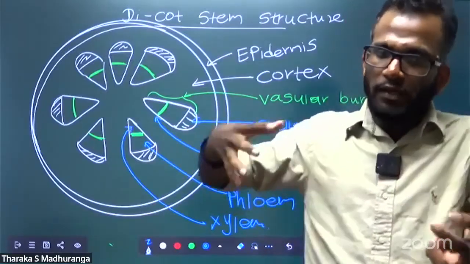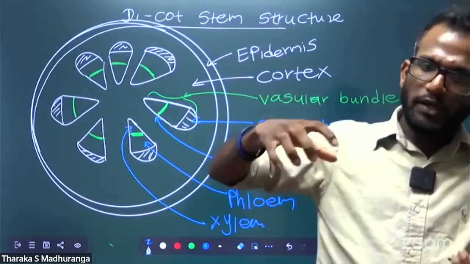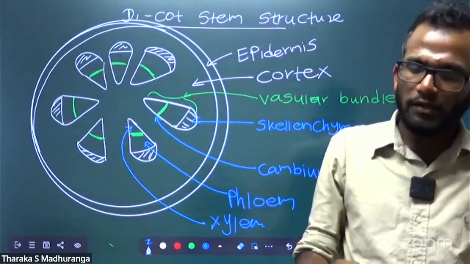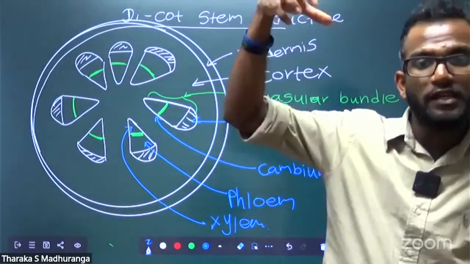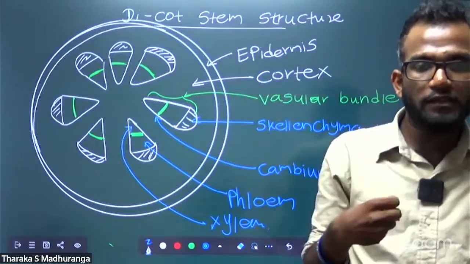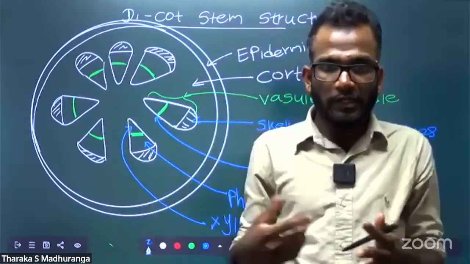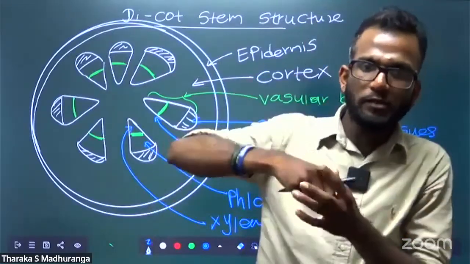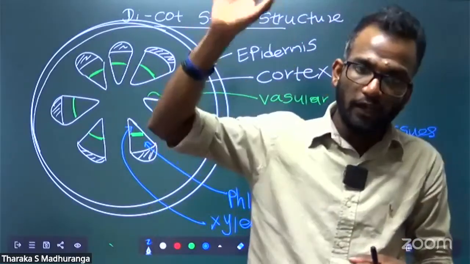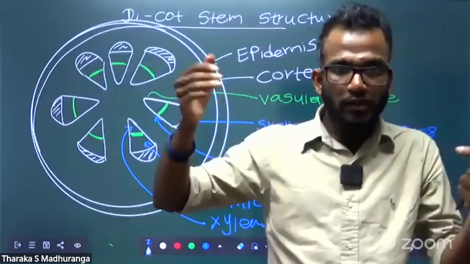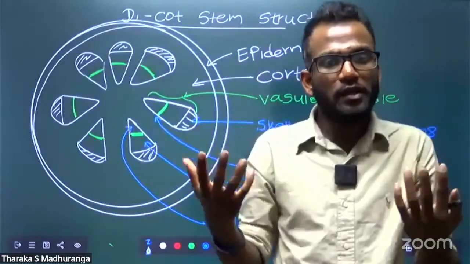Secondary structure, normally primary structure means the initial part of the plant. Normally when the plant is increasing in height, it increases by apical meristems and intercalary meristems. You already know apical meristems increase the height of the buds area and shoot apical meristems.